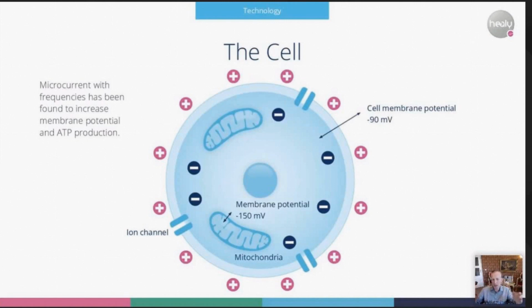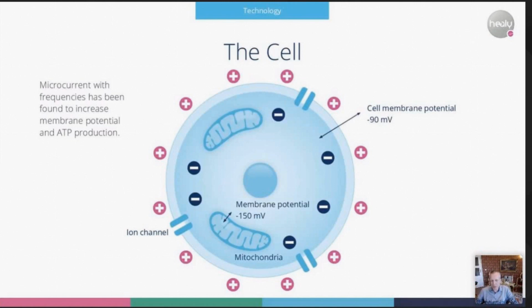So outside the cell, we have a positive potential, and inside the cell, we have a negative potential. That's why we say minus 90 millivolt, why the cell membrane potential is negative, because inside the cell, the intracellular space, it's charged negatively. So this creates the cell membrane potential, which is up to minus 90 millivolt.